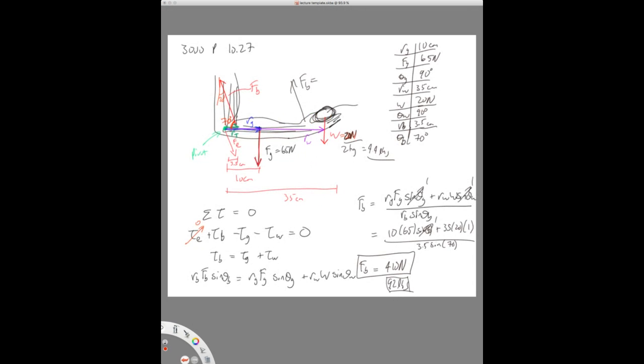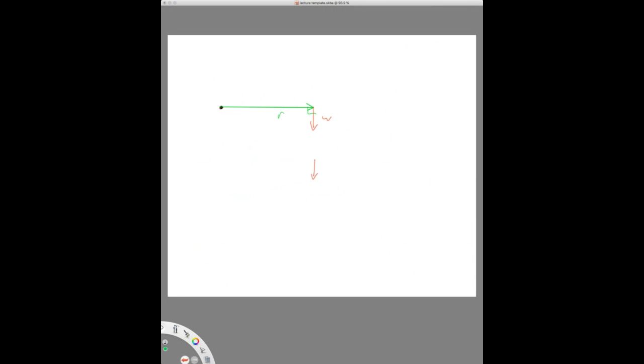So here's my pivot point. And I have an object, and there's a force here, W. And we're going to draw in an R. There's R. And I drew it in this time as if the force is making a perfect right angle with R. But in that last picture, W was a little bit above the axis, and so technically R should have been like that.